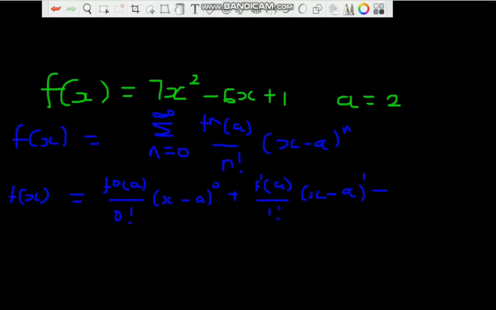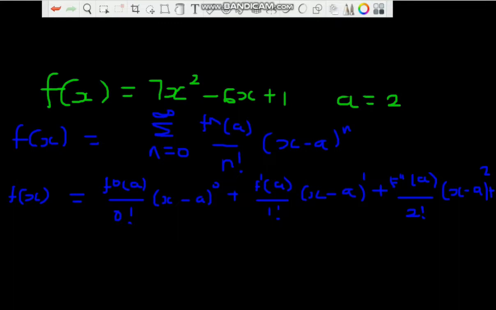Okay, so this will continue, plus the second derivative of the function at a over 2 factorial, multiplied by x minus a to the power 2. So this series will continue.